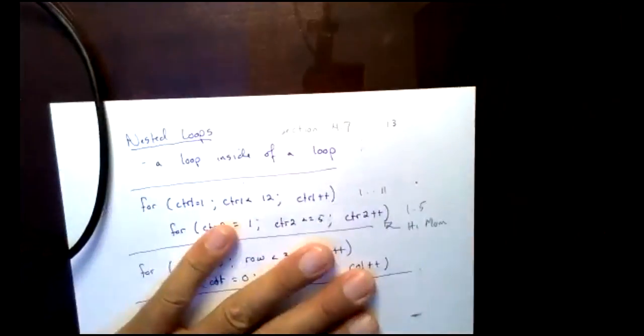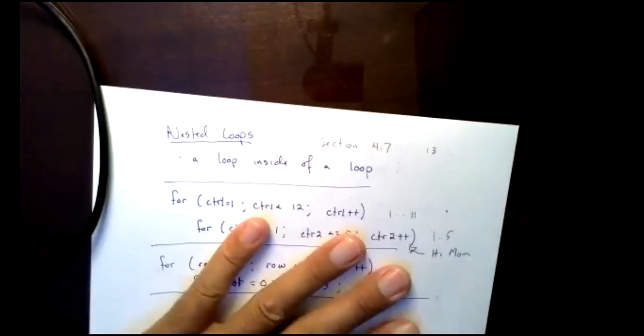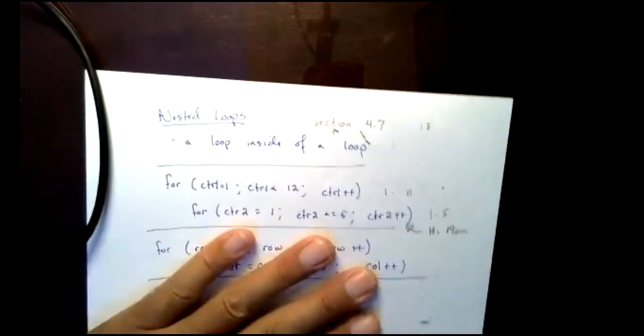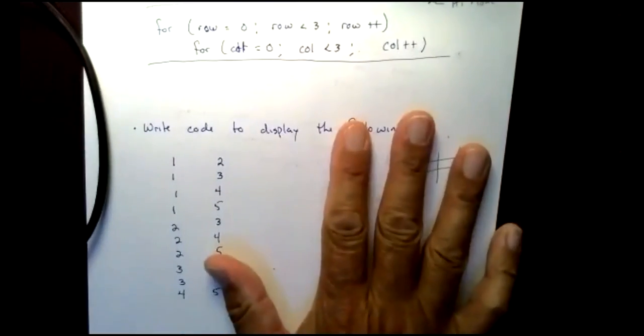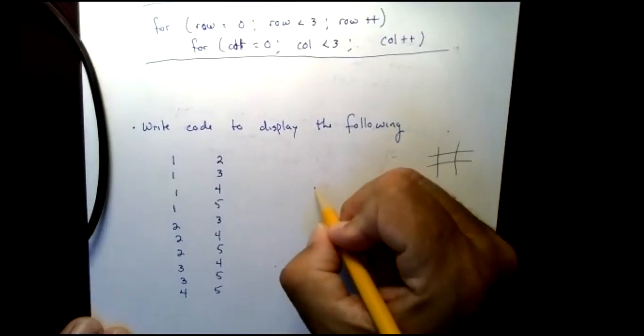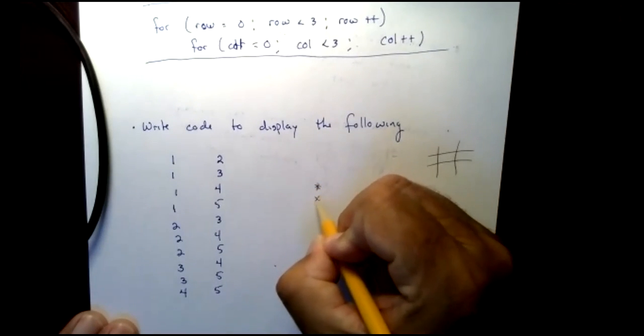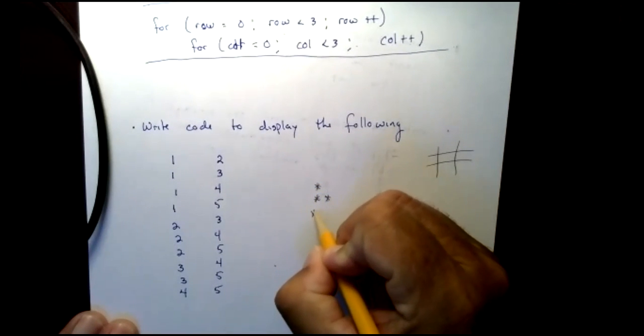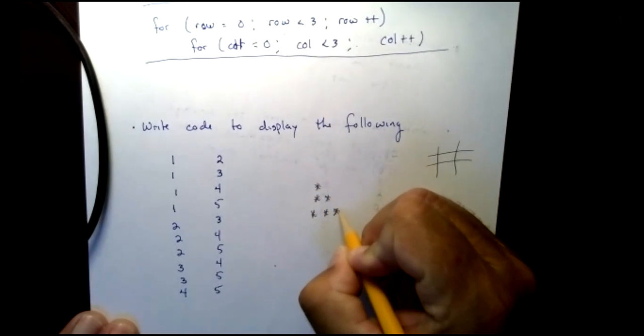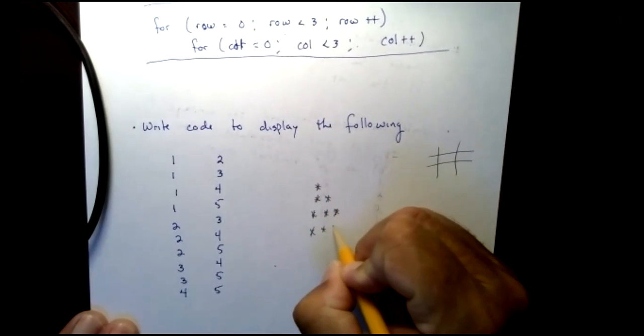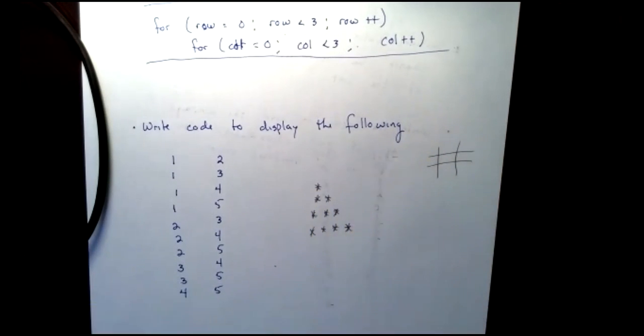And I'll give that to you again. I need to erase. And then the second thing I'd like you to do is print out 1 asterisk, 2 asterisks, 3 asterisks, and 4 asterisks using nested for loops.